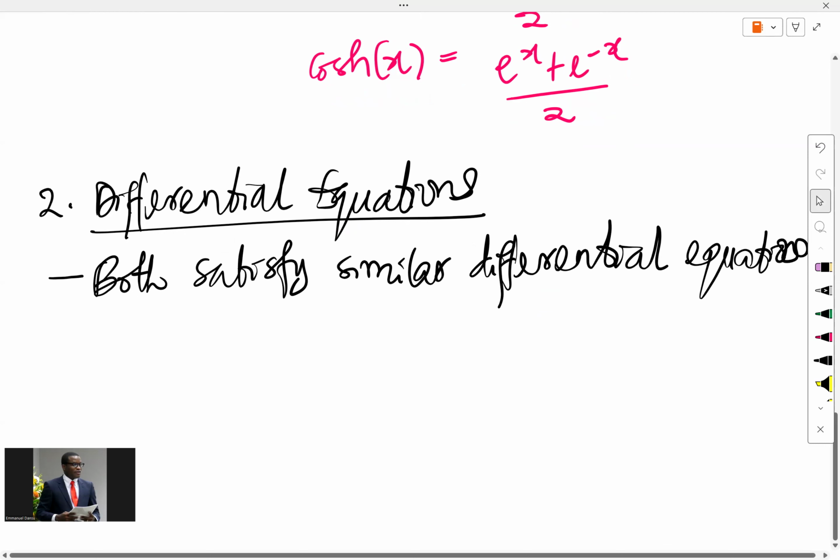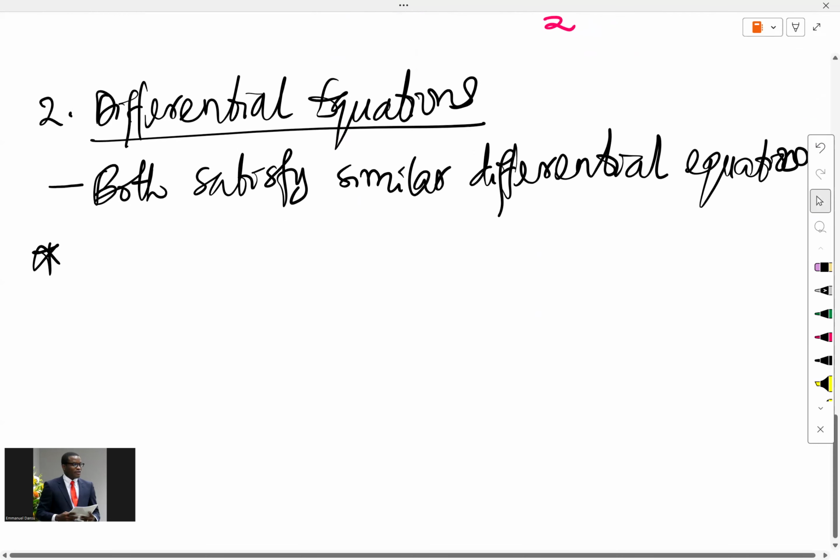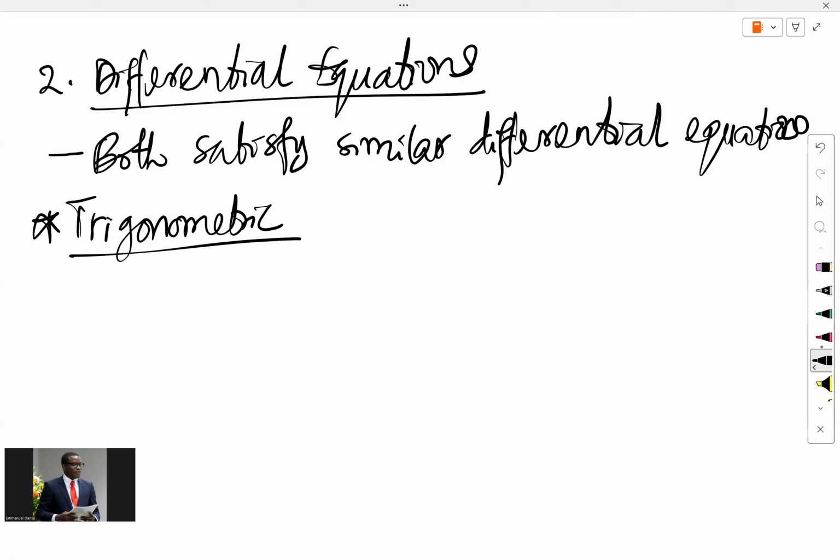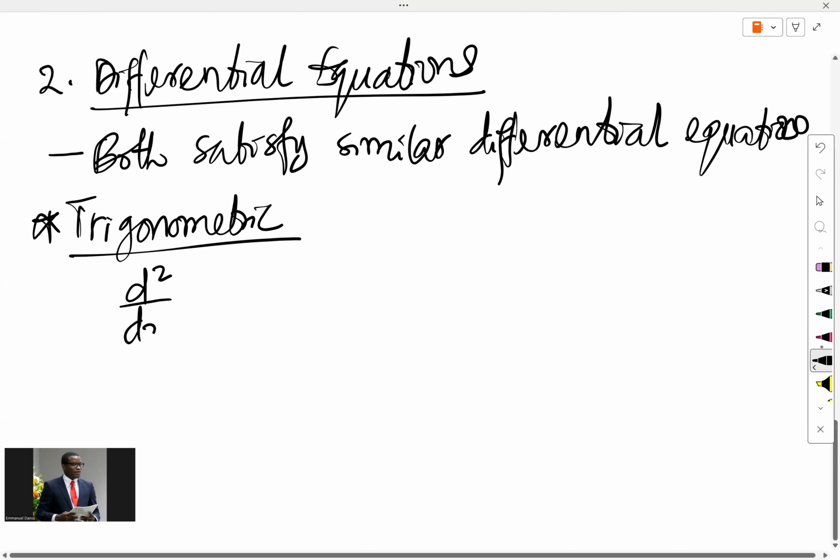So, for instance, for trigonometric functions, you have that d squared over dx squared, that is the second derivative of sine x, is the same thing as minus sine x.